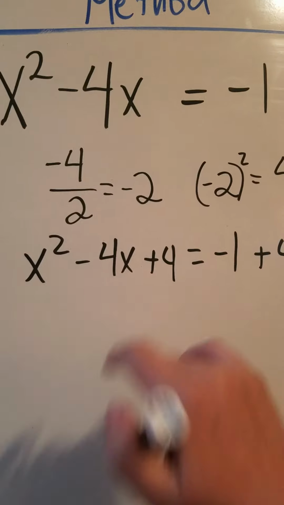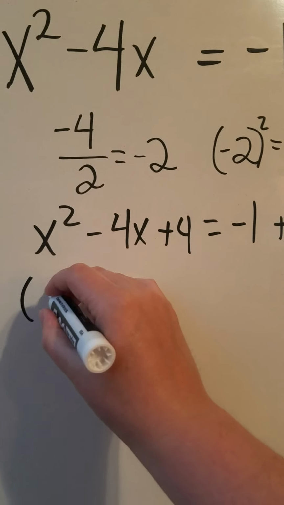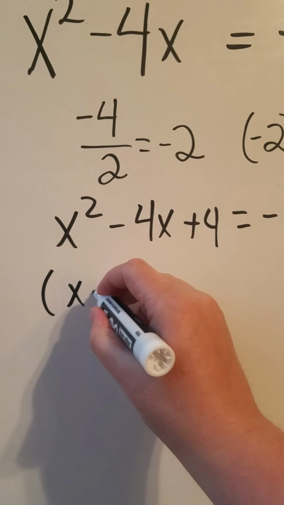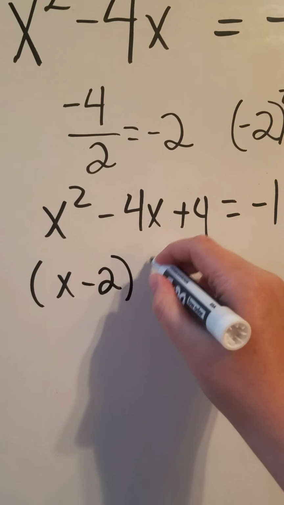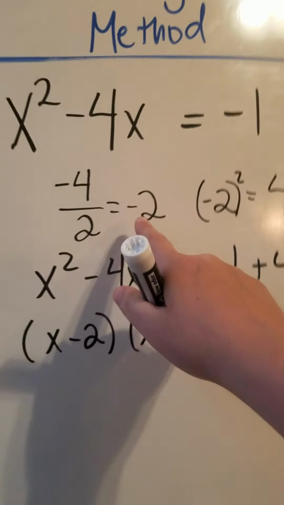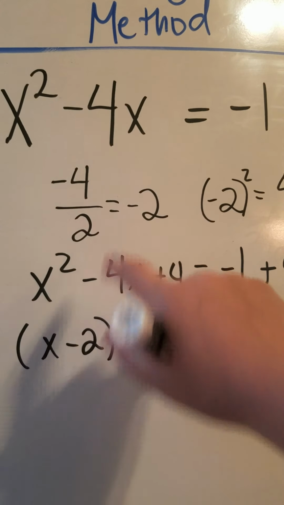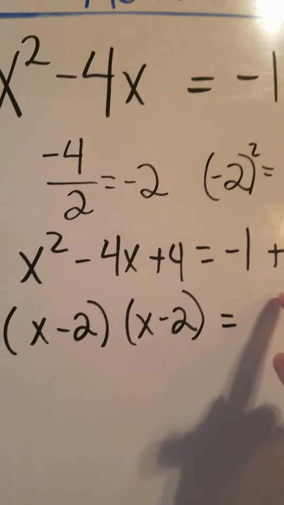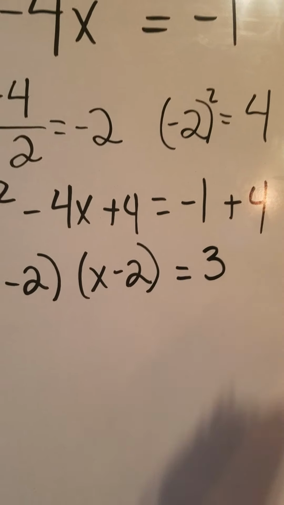Alright, now we will factor this. X minus 2 and x minus 2. Again, remember, I'm getting this number from what I got right here. Equals -1 plus 4, which is 3.